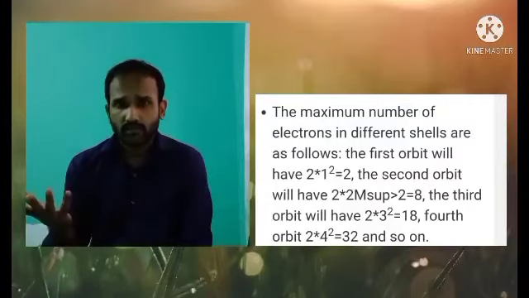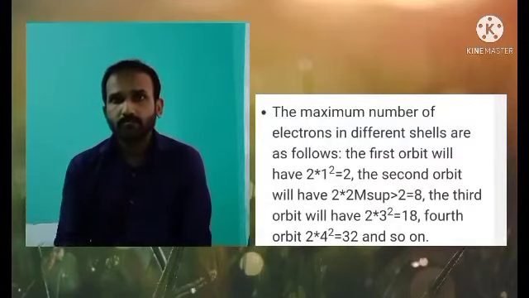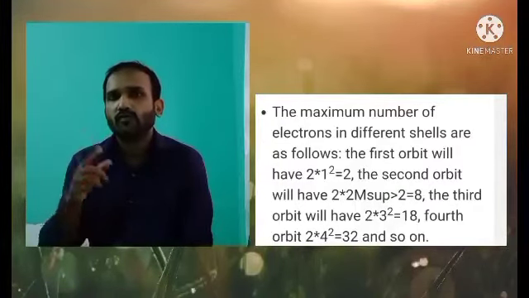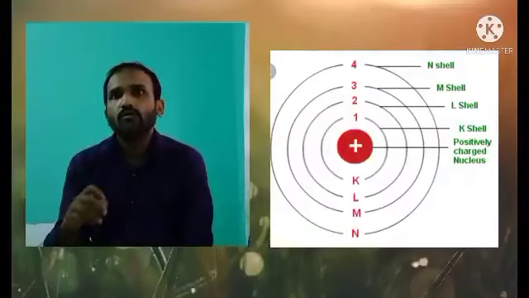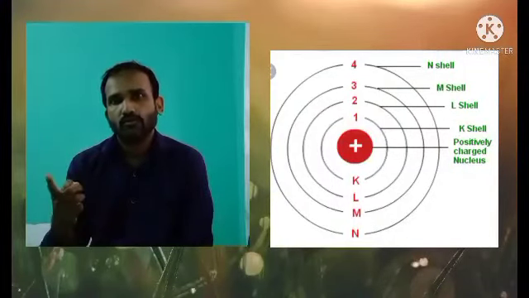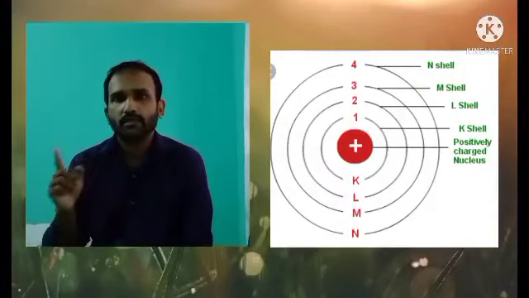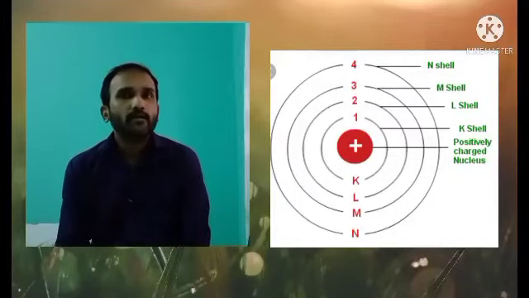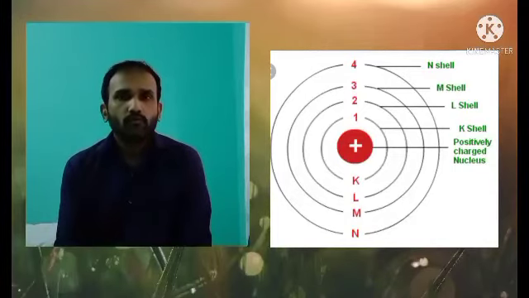Then the fourth orbit, N, the number designated for the fourth orbit is 4. So 2 into 4 square, 2 into 16, that is 32. So 32 is the total number of electrons that can be occupied in the fourth orbit.